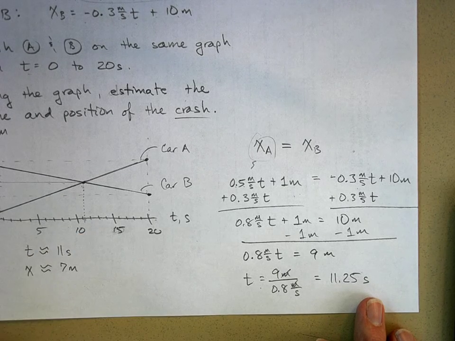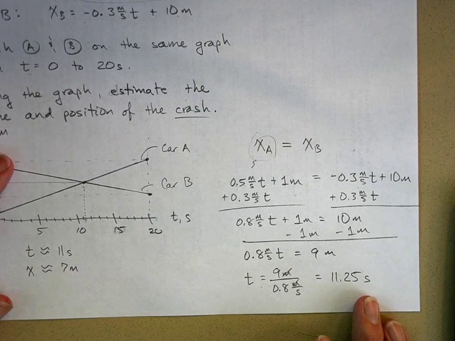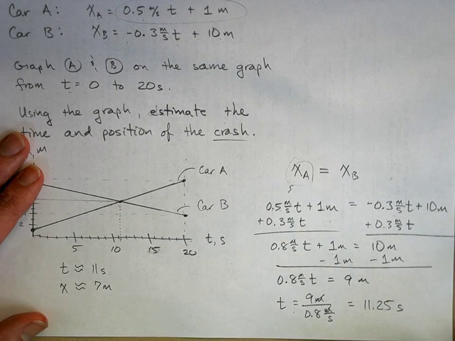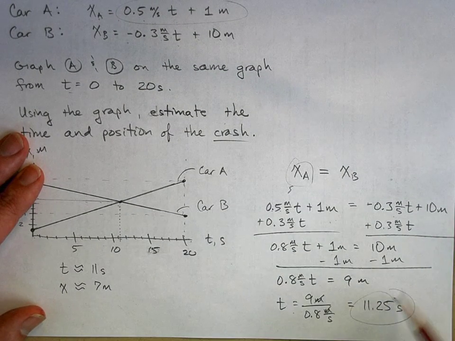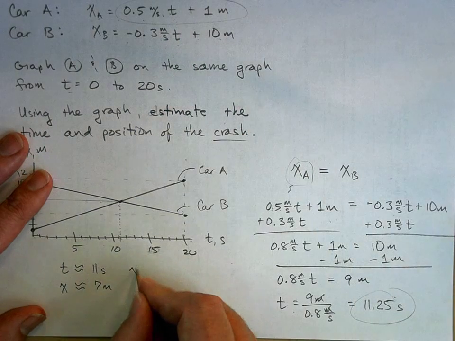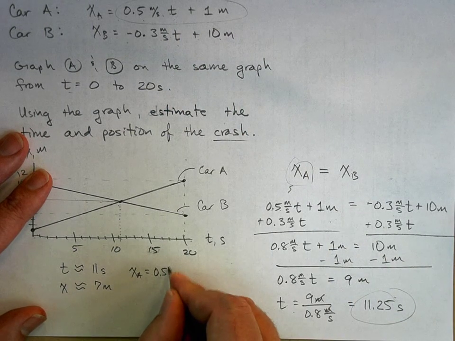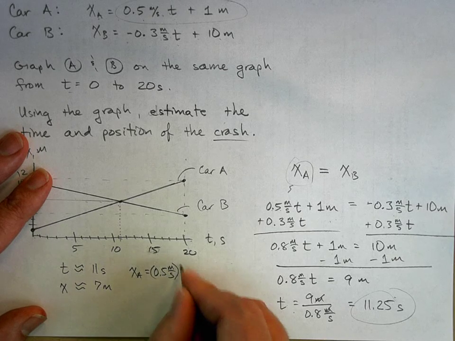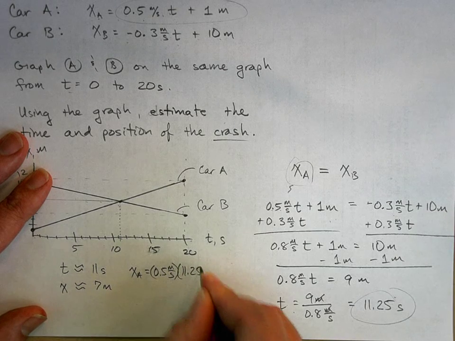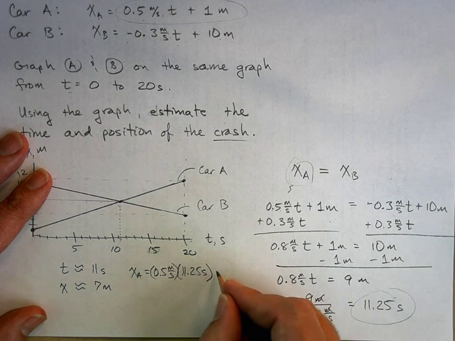Now let's figure out the position where they should collide. So just take this time and plug it into the equation for A. So car A, 0.5 meters per second times 11.25 seconds plus 1 meter.